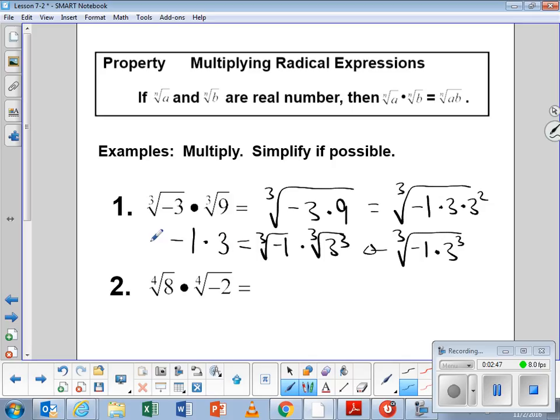So my answer is negative 3. No way do I expect you'll show all those little steps. I only show it to you the first time so that you realize I don't have to make it into one big number that I don't get. I can break it down into smaller numbers that I do know and understand. Okay?